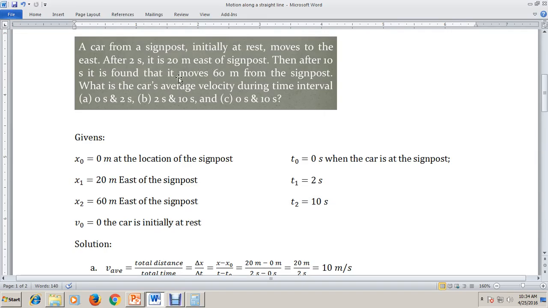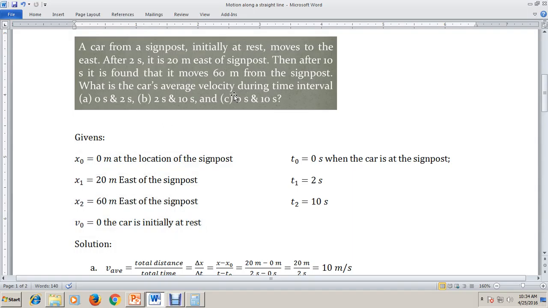The car is found to be 60 meters from the signpost, so 60 meters is the position at time t sub 2, 60 meters east of the signpost. The car is initially at rest, so our initial velocity is 0 when the car is at the location of the signpost.